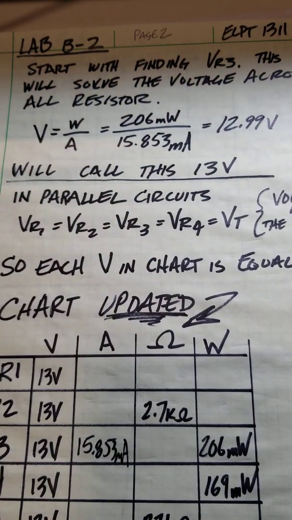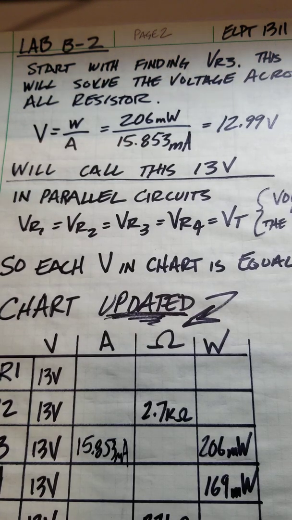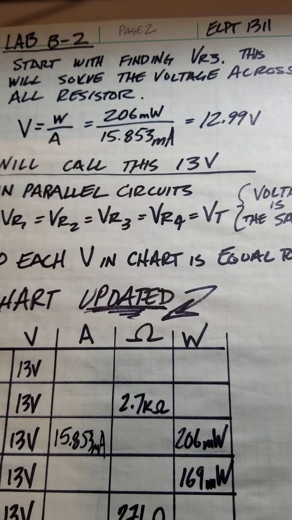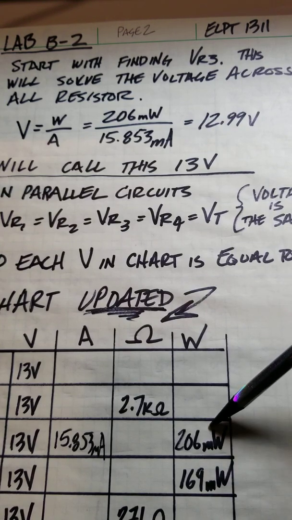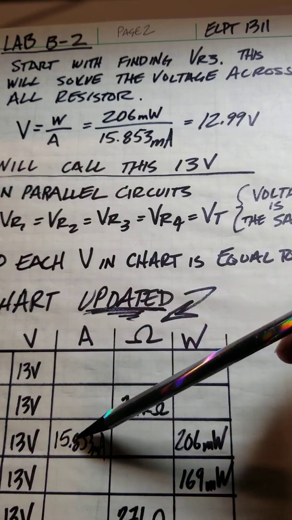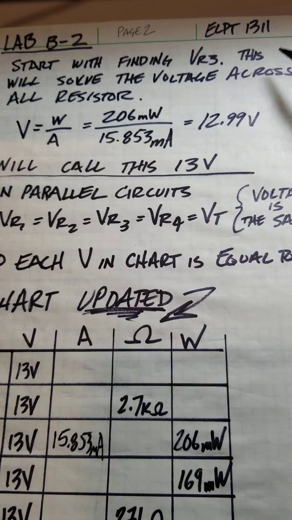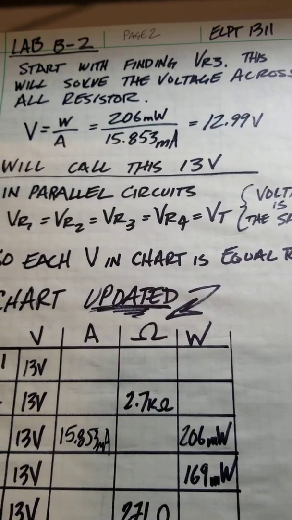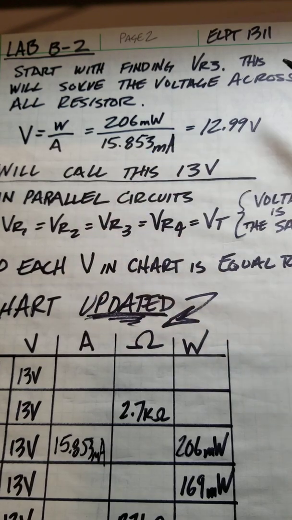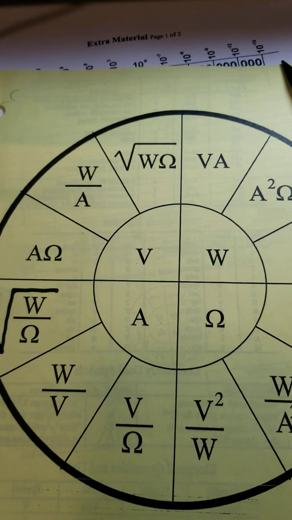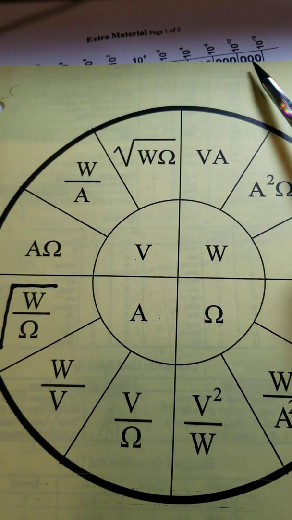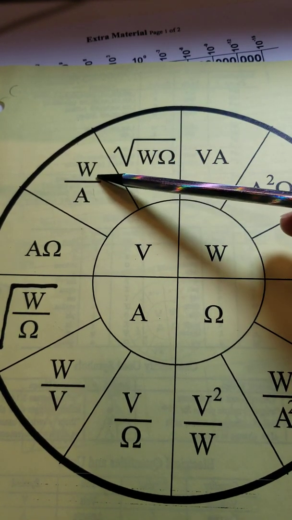So the first thing I recommend doing is finding what R3 is, because for R3 we have the power and the current. If I look at my power wheel, either this one or what you have on page 94, we're going to solve for voltage when we have watts and amps available to us.